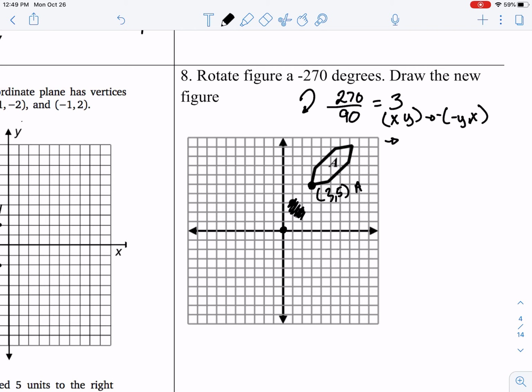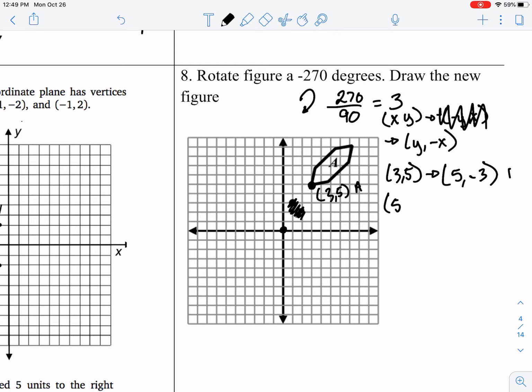So negative times negative y is y, and then negative x. So this is my rule. I'm going to do this 3 times. So (3, 5), use the rule (y, negative x). So y comes up front. Change the sign of x. So this is 1 time.